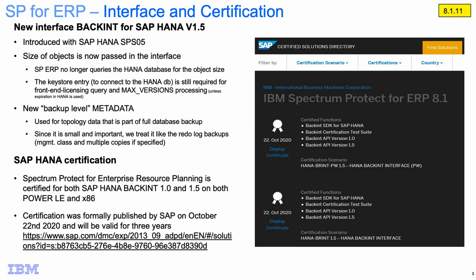To net this out, we do support version 1.0 and 1.5 of the Backint interface on both Power Little Endian and x86 operating systems, and we've also gone through and formally certified our product with SAP. That certification was published on October 22nd of 2020, and it will be valid for 3 years from that date.